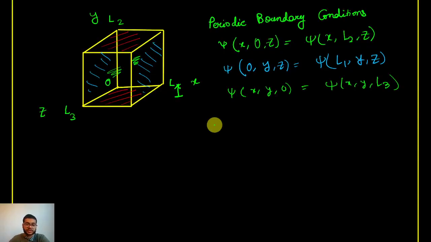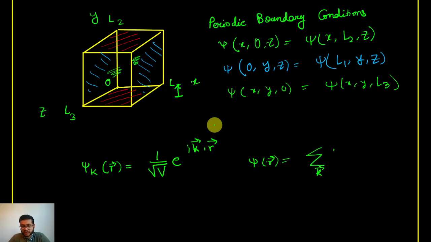We already know that the general solution of the free electron model is given as this. That is how psi k of r is given. This is the general solution. The more general solution would be psi of r as a summation over a lot of k's, because each k is a good solution.